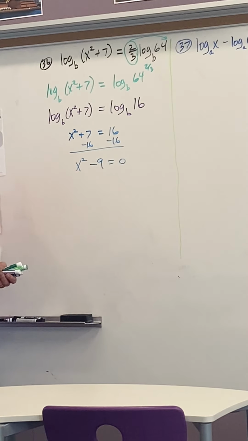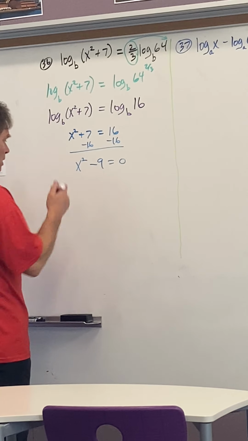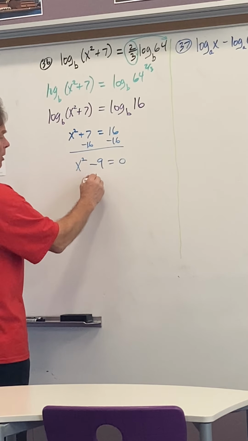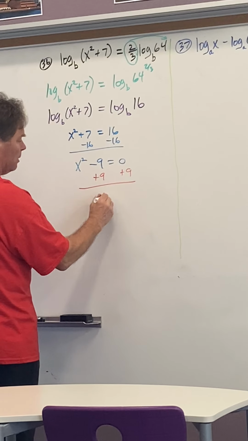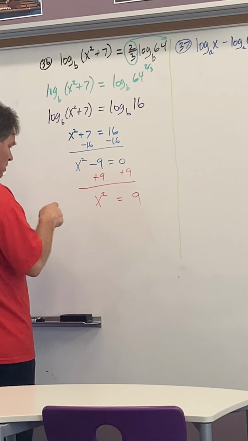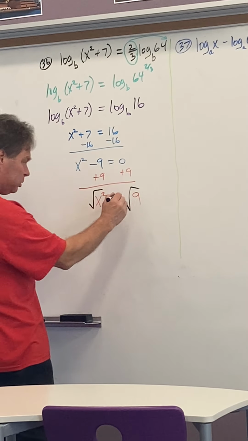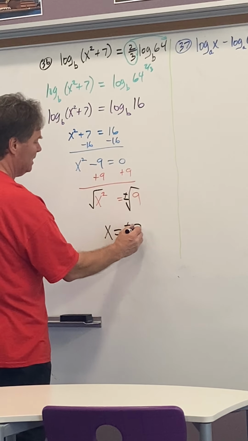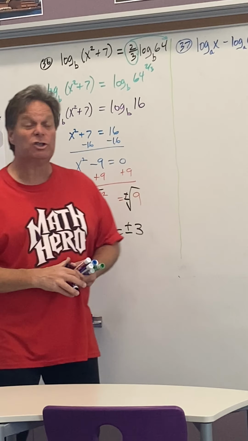It's a difference of squares, so I could do it as x plus 3 times x minus 3, or I'll solve it this way: add 9 to both sides, x squared equals 9. Then solve by square rooting both sides. Don't forget plus or minus: x is plus or minus 3.